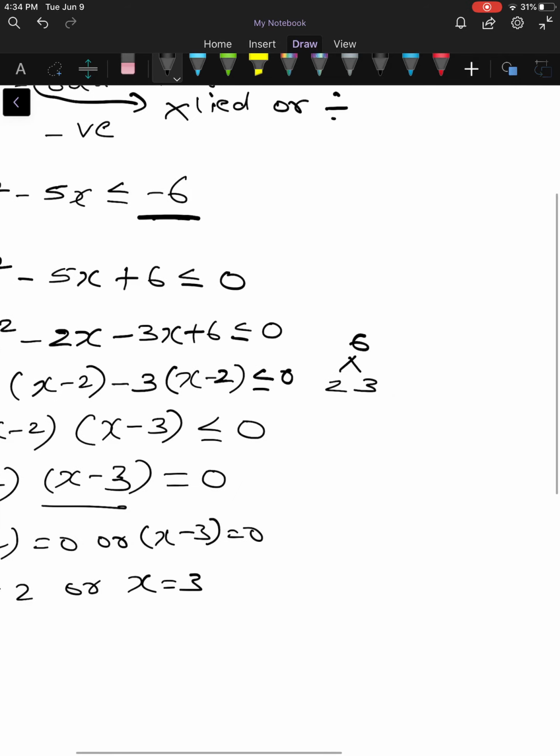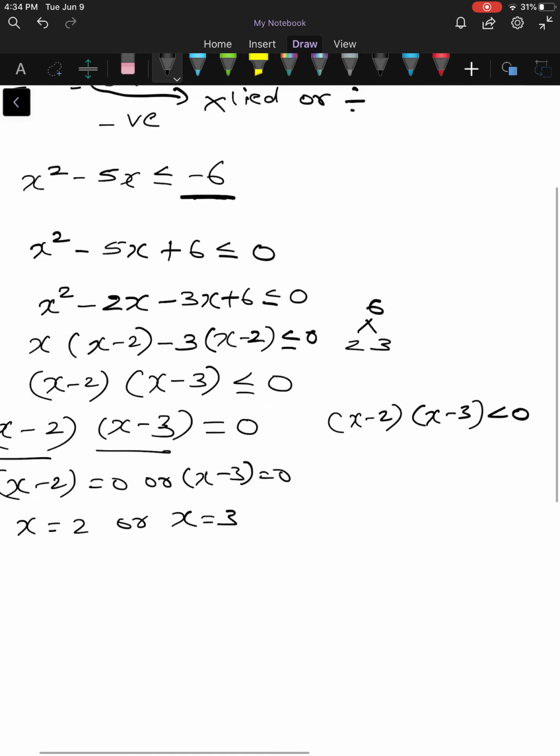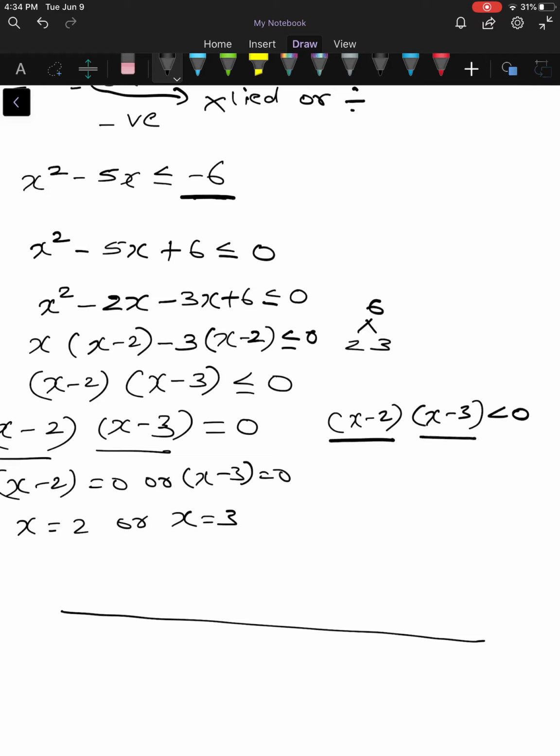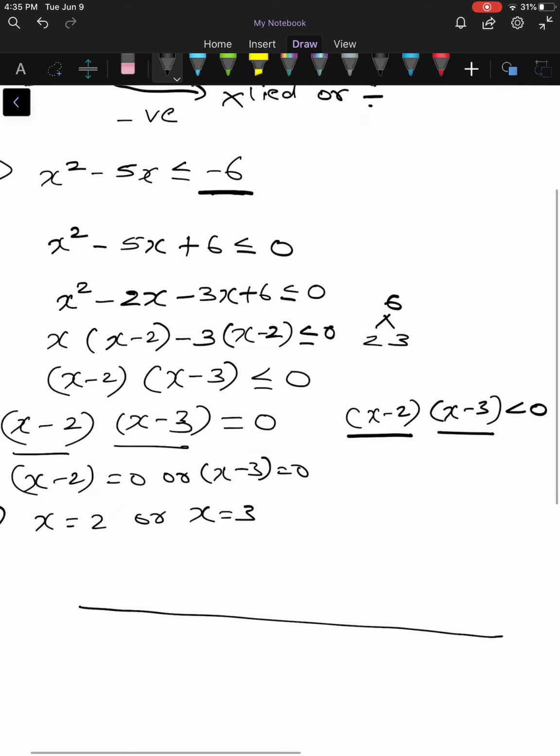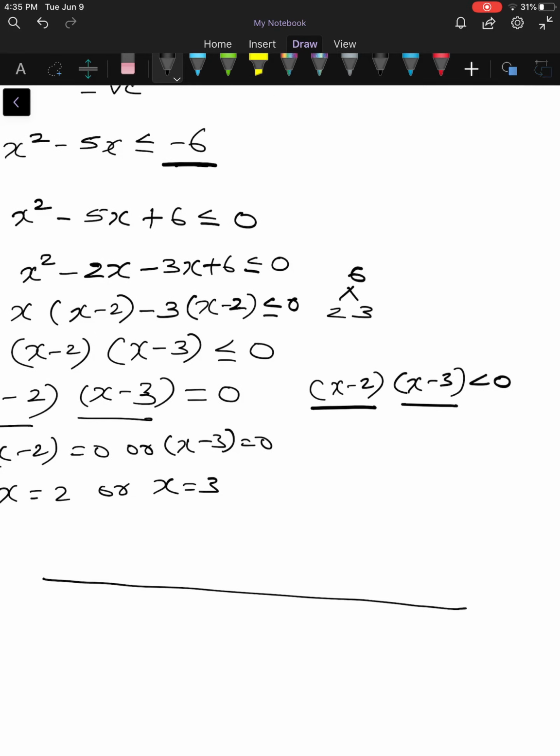And the other part of the inequality is x minus 2 times x minus 3 is less than 0. Okay, it is less than 0. So now what can we say? That means either this term has to be negative or this term has to be negative. Or if both are negative, if you multiply a negative sign an even number of times, what do we get? We get a positive sign, as we just recalled. So either this has to be negative or this has to be negative.